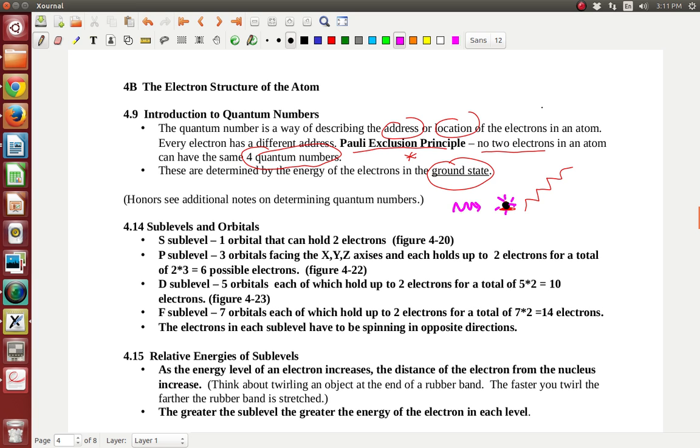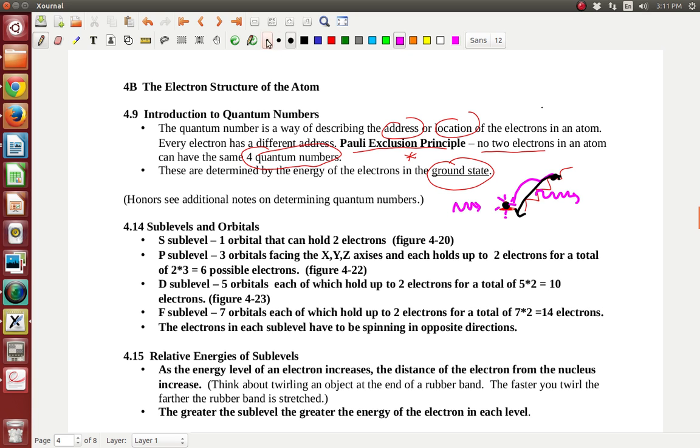Now it's an excited electron, and it jumps up to energy level 3. It can't jump up in between. And there's my electron sitting at the top. But because it's lazy, it wants to fall back down, and when it falls back down, it has to release that photon of light. Where it starts from is the ground state, the lowest energy state.